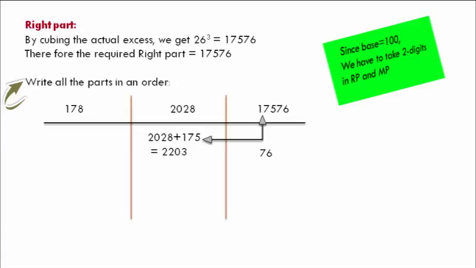Again, if you observe this number, 2203, it is a 4-digit number, but according to our rules we should have only 2 digits. So again we have to send the excess digits, that is 22, to the next part, that is the left part, as carry-on, and it should be added with the left part answer.